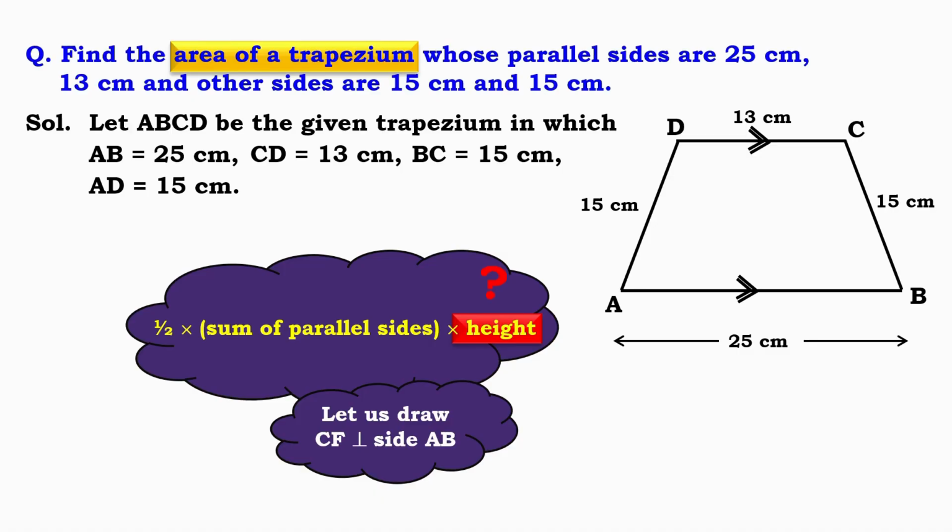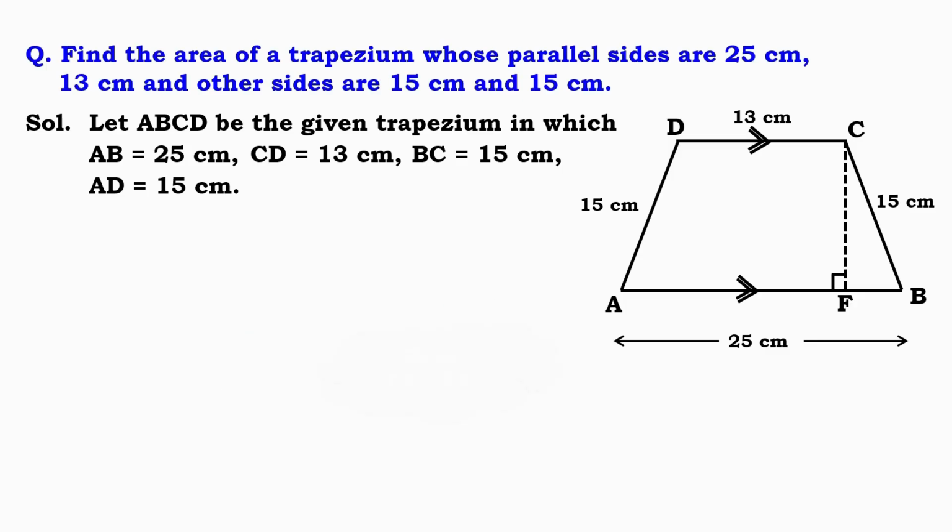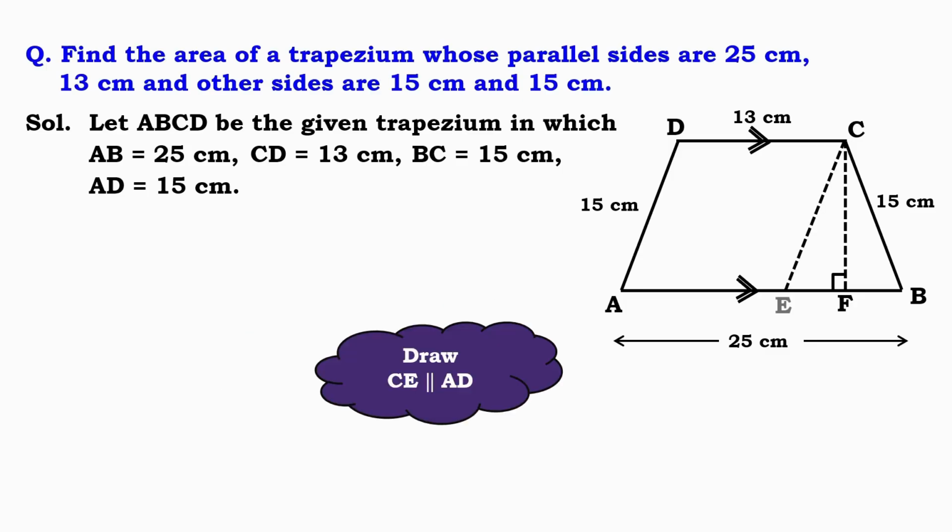So we need to find the height over here. So let us draw a perpendicular line CF on top of AB. Now for finding length of CF, we need one more construction. Let us draw CE that is parallel to AD. Otherwise, we will not be able to find the CF.